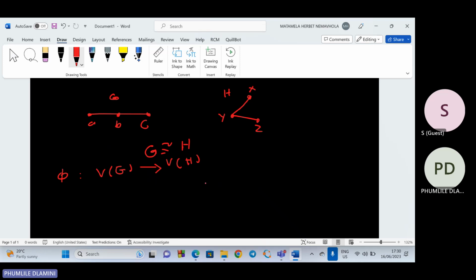We said if there are two graphs and these two graphs have the same vertices and edges, and the same subgraphs, then it means that they are isomorphic.